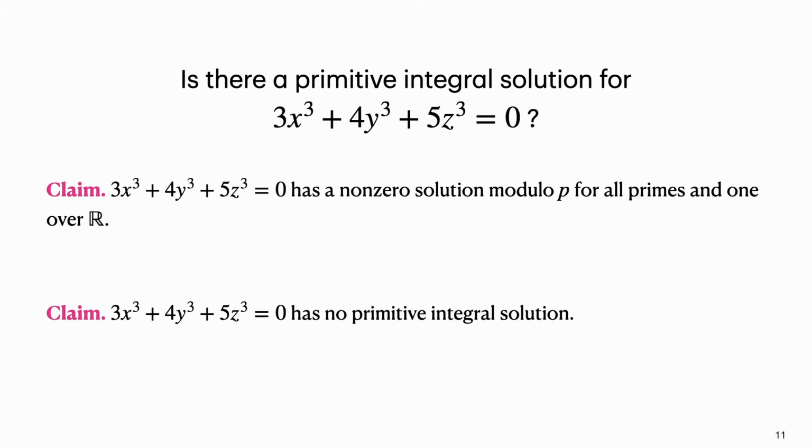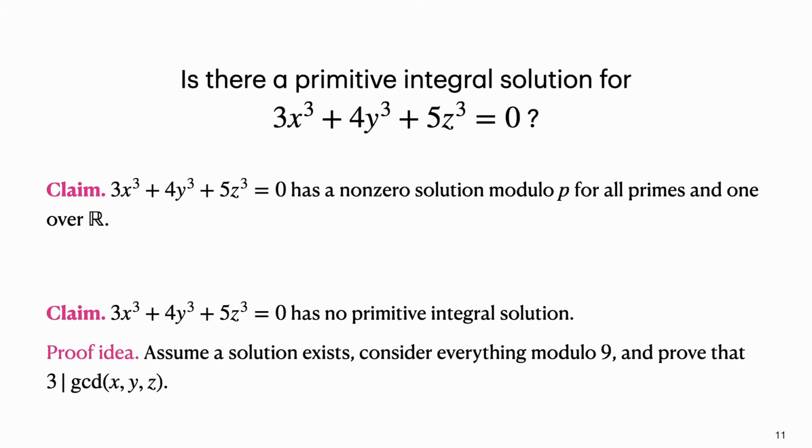But it turns out that this equation has no primitive integral solution. The idea of how you prove this is you assume that a solution exists, and then check mod 9. And then you do a lot of cases, and you realize that 3 needs to divide all of the coordinates, so the solution cannot be primitive.